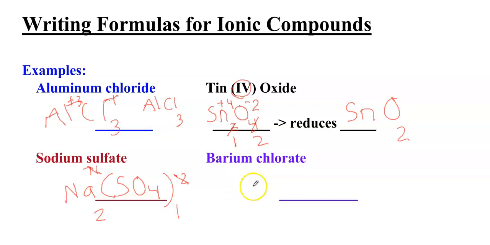Okay, now barium. Step 0, does barium need a Roman numeral? Or is barium a transition metal? No, it is not. So I'm going to change it to symbol, barium. Chlorate, that ATE ending should be getting you thinking polyatomic. So if we see that ATE or ITE, look at your polyatomic ions list.